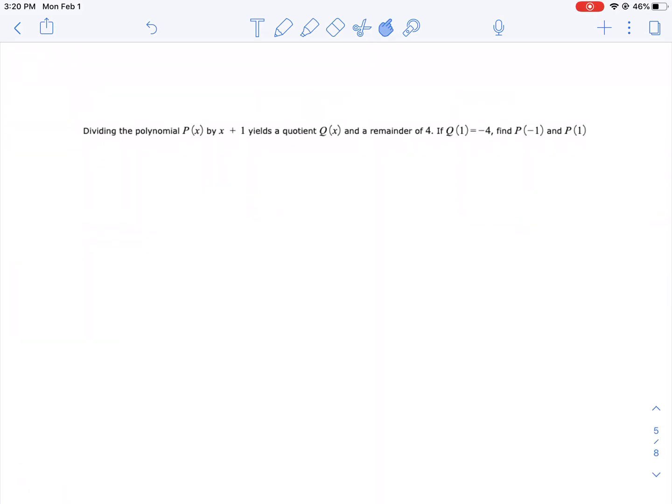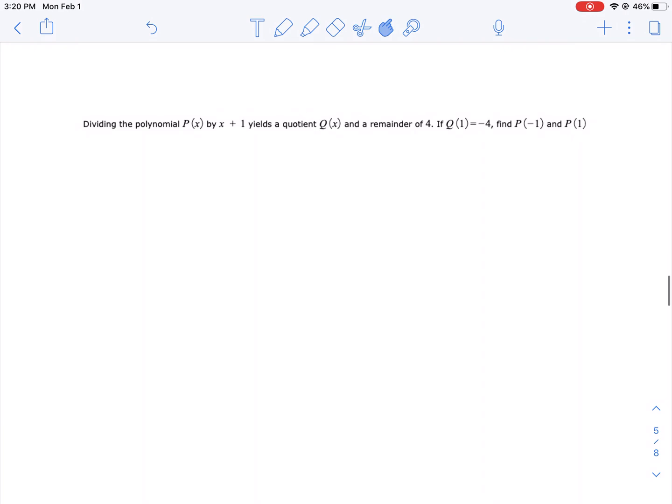Okay, dividing a polynomial p of x by x plus 1 yields a quotient with remainder of 4. So if I write this out, p of x divided by x plus 1 equals our quotient polynomial with the remainder of 4.